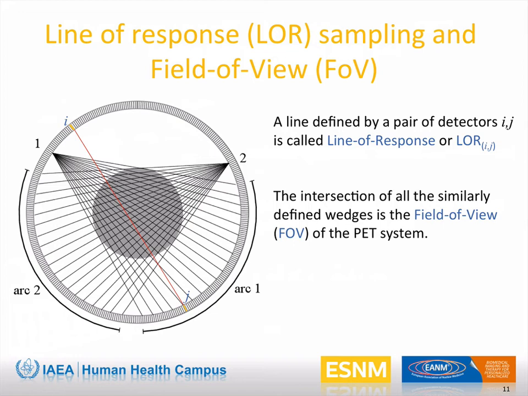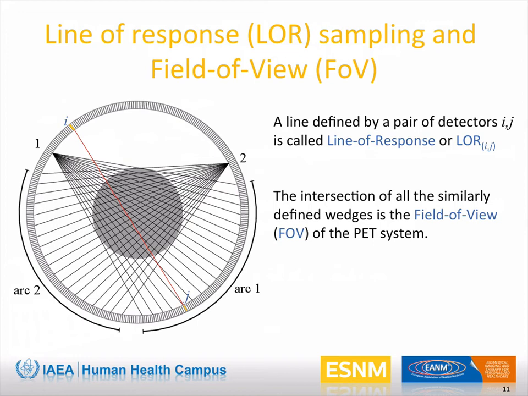For example, detector 1 is allowed to measure a count along a line L only if the other gamma ray is detected by a detector belonging to an arch defined as in the picture as arch 1. The same for detector 2, as shown in the picture, and so on.